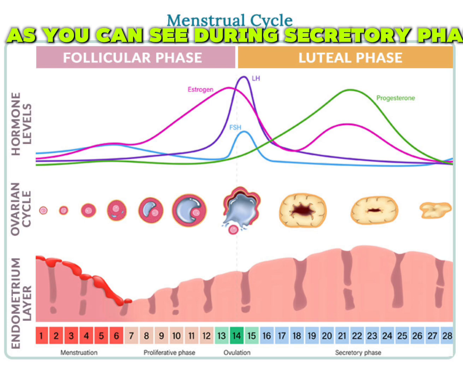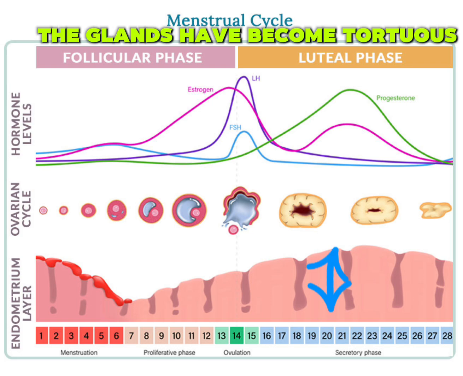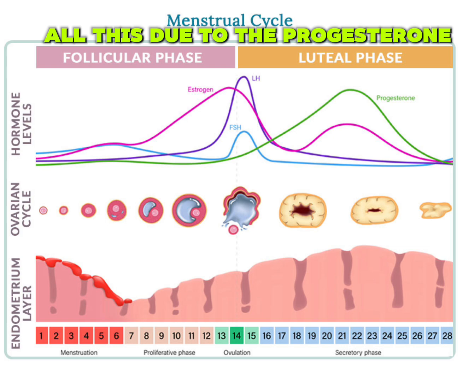As you can see, during secretory phase, this stratum functionalis has been fully grown. The glands have become tortuous. Even the arteries are so big and filled with fluid. All this is due to the progesterone.